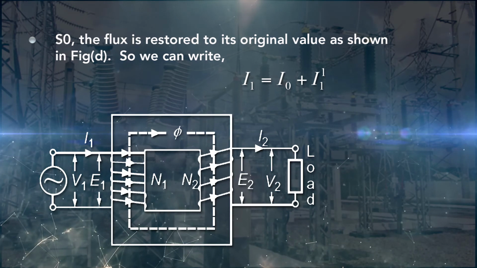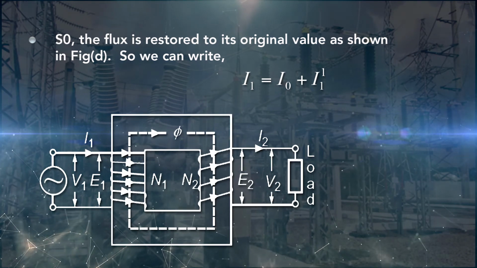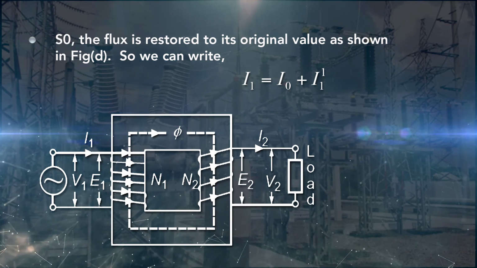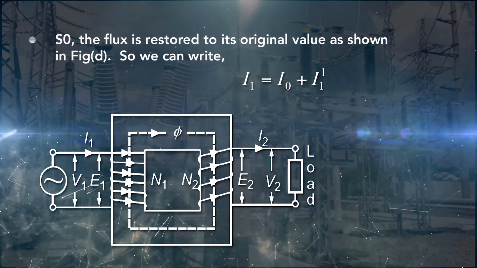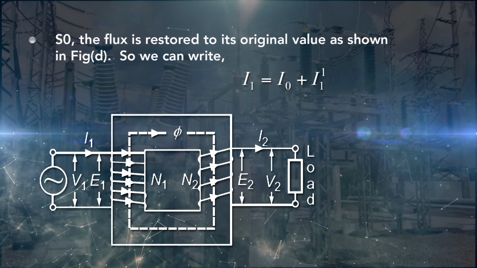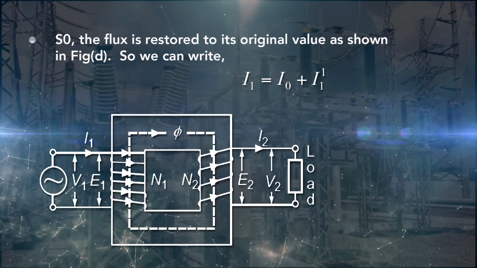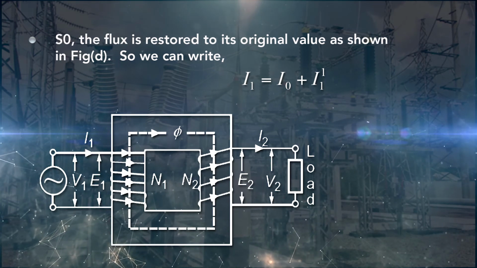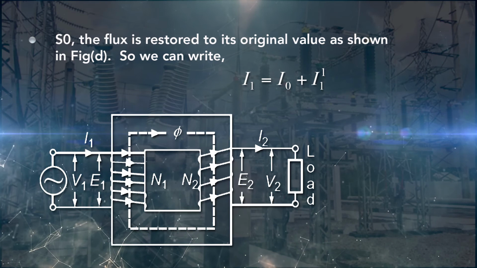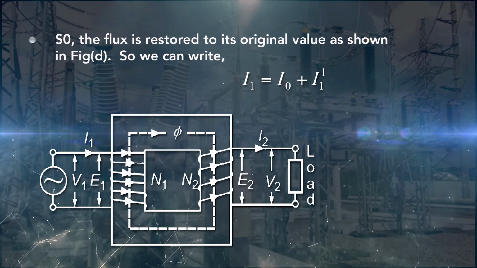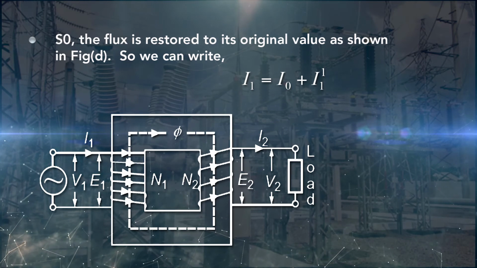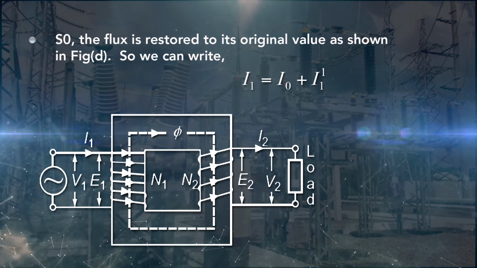The total primary current I1 is the vector sum of current I1 dash and I naught. So we can write the total current flowing in the primary winding, I1, is equal to I naught plus I1 dash. This I naught is the no load current flowing through the primary winding, and I1 dash is the counterbalance current which is taken from the main supply.